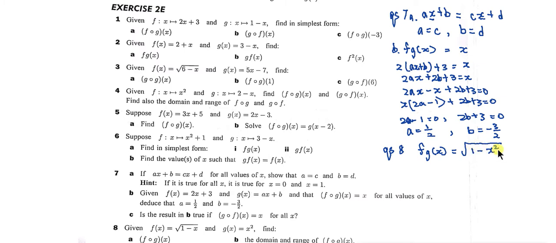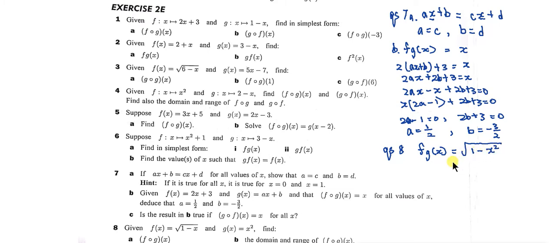Since it's a square root, inside here cannot be negative. Okay? It means the x square value cannot be more than 1. If the x square value is more than 1, then 1 minus the value becomes negative. If it becomes negative, then the square root of negative is undefined.